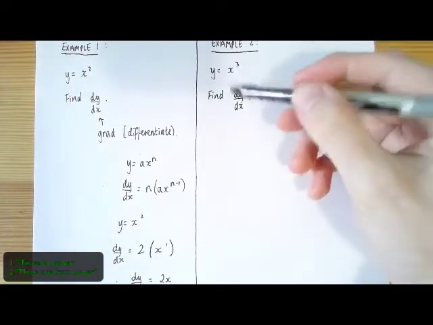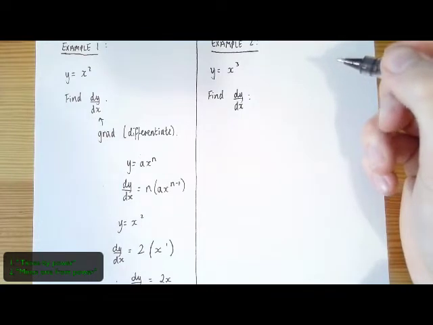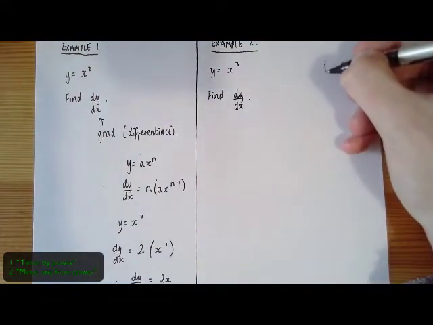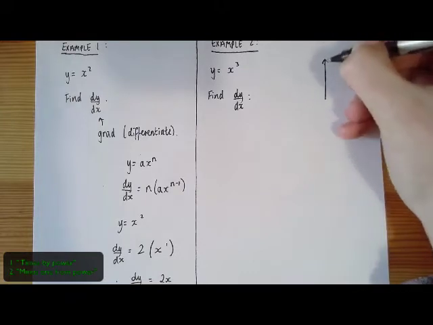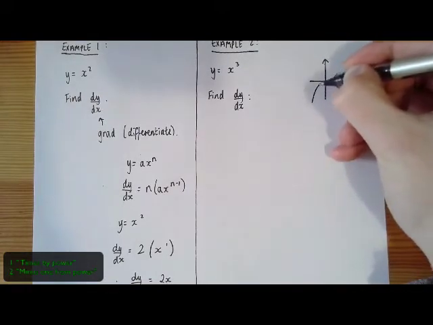So now we're given y equals x cubed, and we want to find dy dx, or the gradient or the derivative. Now just make sure that you know what's going on. This is what our y equals x cubed graph looks like.